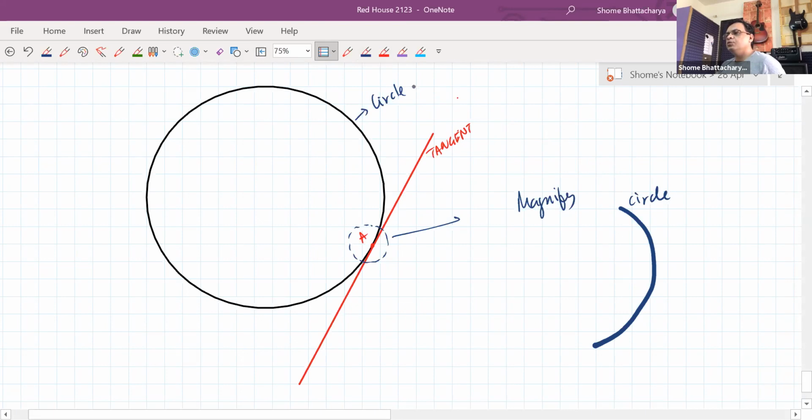On the circle, if this point is A, then the tangent is going something like this. So it is as if it is joining that point A with the next consecutive point, the point which is so close to it that it's almost overlapping.